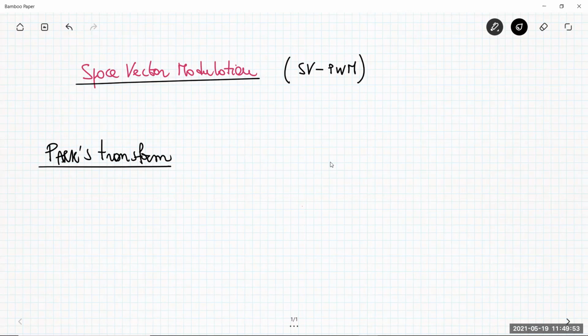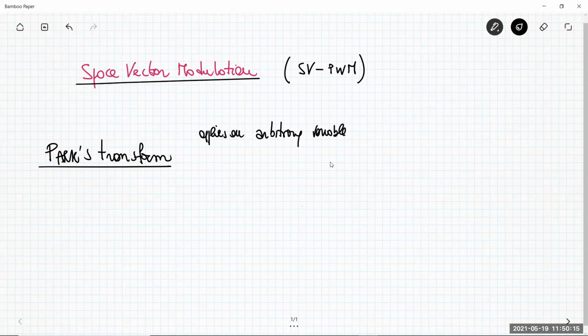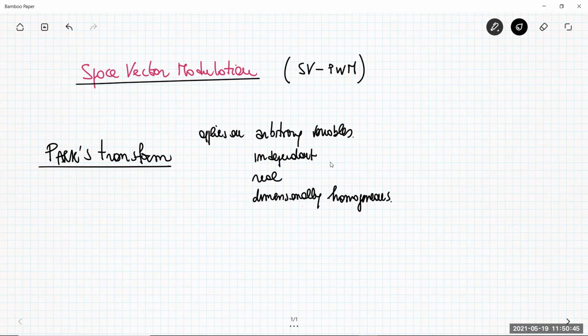First of all, we have to consider that the Park transform applies to any set of variables that are arbitrary variables, independent variables, real variables, and dimensionally homogeneous. The Park transform applies to a set of, let's say, three variables.